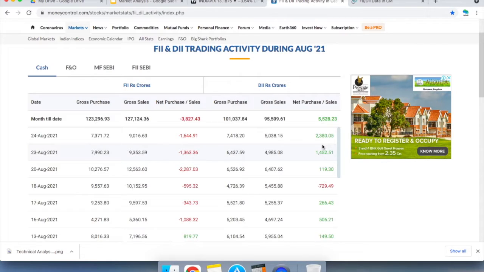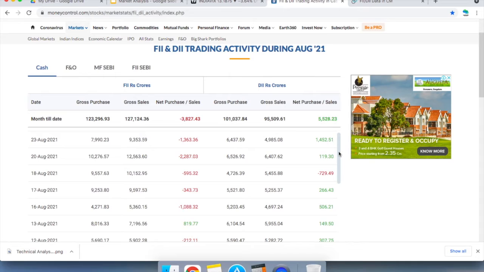So big buying is happening from the domestic institution side, while big selling has been happening continuously for the last several days. This is a concern: 4 or 5 days of continuous selling is not good, and the volumes are big. Friday, big volume, big volume, big volume.